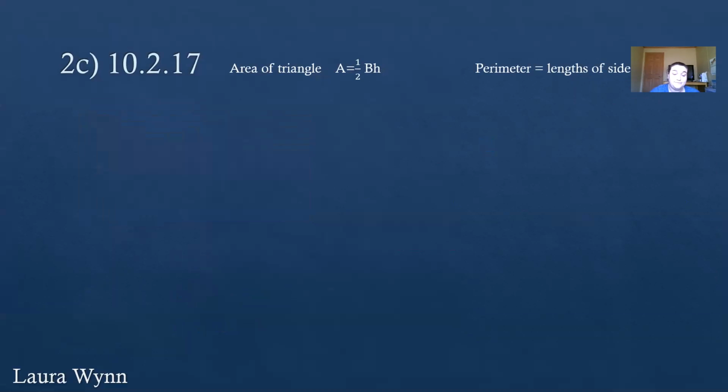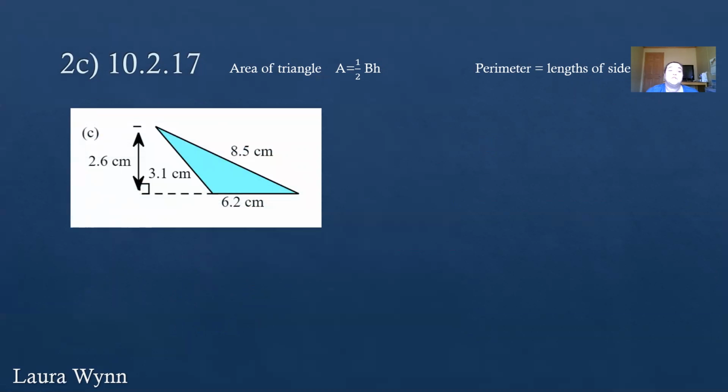Our third problem for this area and perimeter, here's our triangle it gives us. Now this is a little bit different than the last ones. The other ones are pretty simple and laid out there for us. So we know area is equal to 1/2 base times height. That's the area of the triangle. So our base is 6.2. Now you look at all these other numbers and you may think 3.1 might be the height, but it's not.